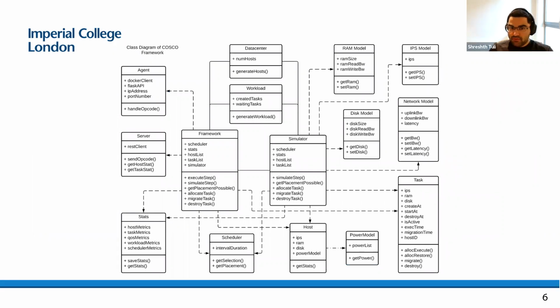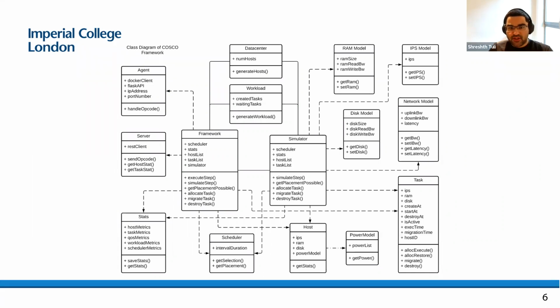Okay, so to implement COSCO, we use this object-oriented programming model to realize its components using the Python programming language. And I'll just provide some details on the important classes that would be critical later on.